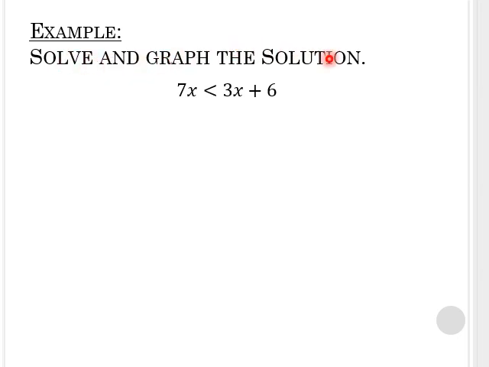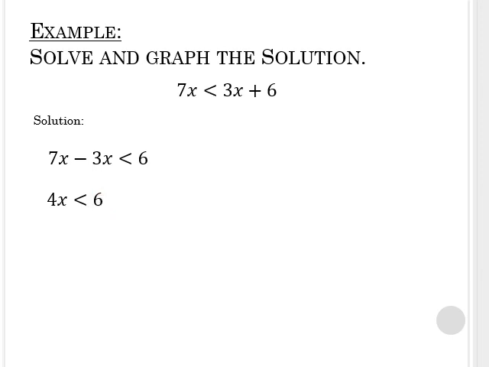Solve and graph the solution. 7x is less than 3x plus 6. We move 3x to the left side. We'll have 7x minus 3x less than 6. 7 minus 3 is 4, means 4x is less than 6.